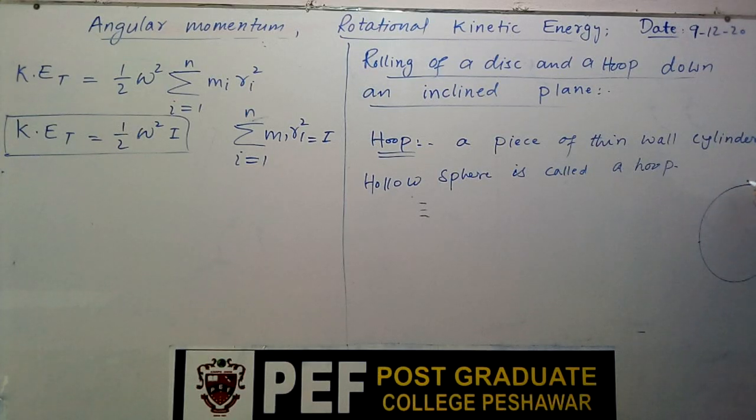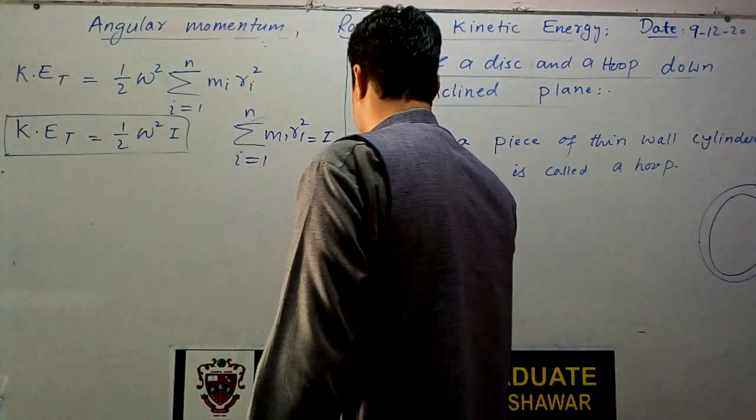Say suppose this is a thin cylinder. This will be hollow. Now what about this?